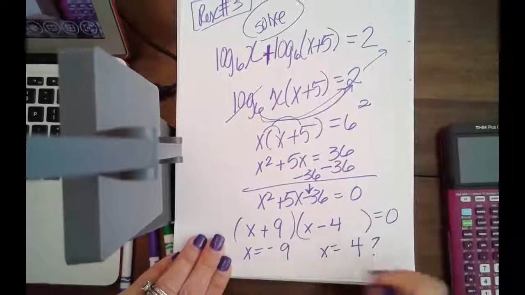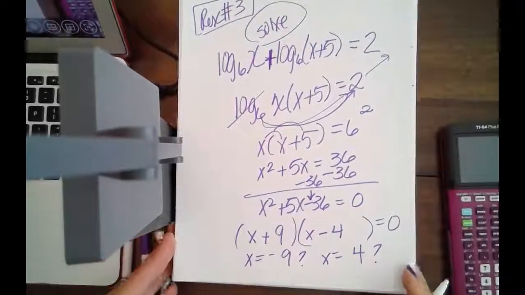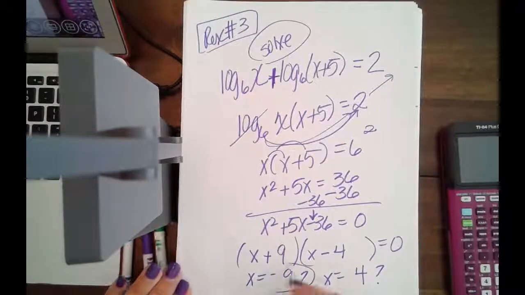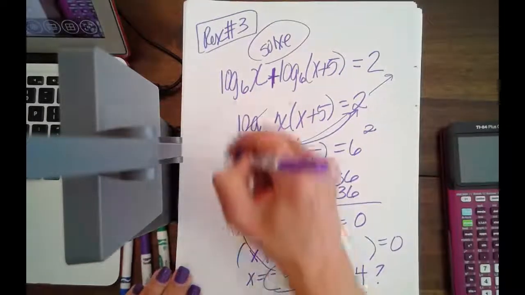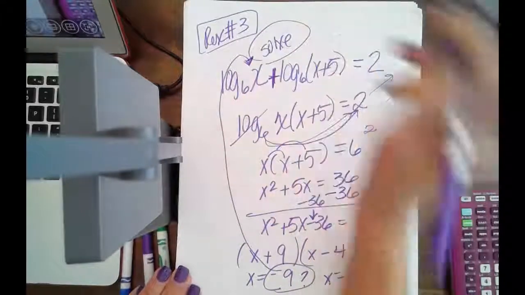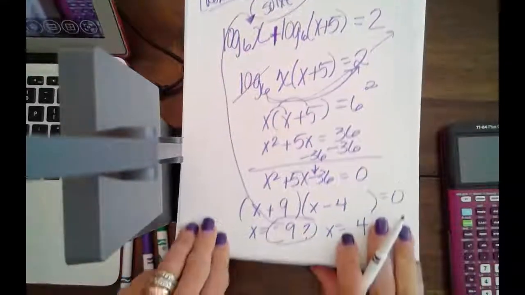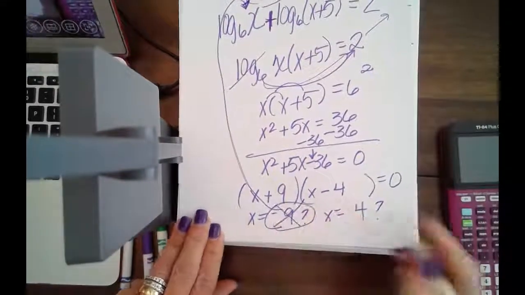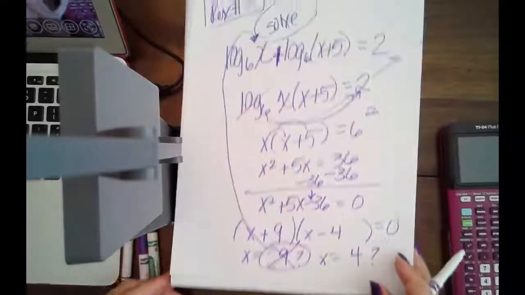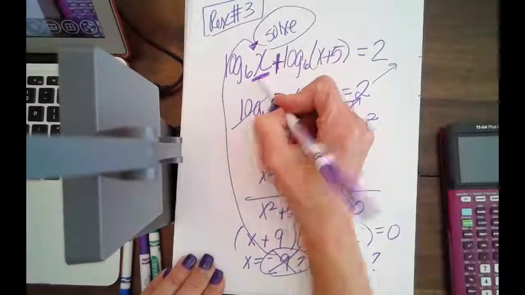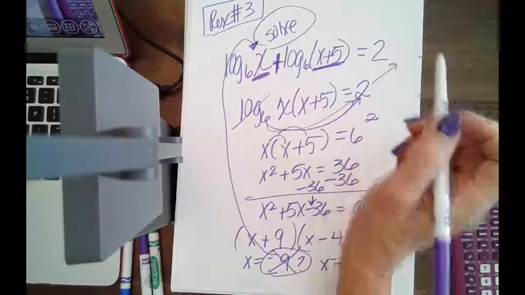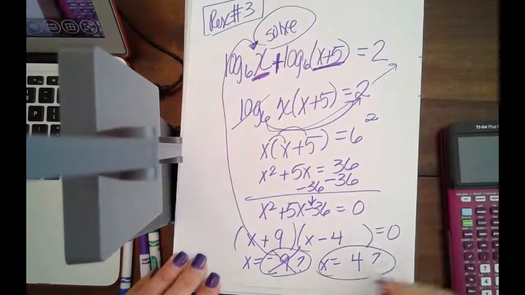I put a question mark so we can check them. If you go back up and test negative 9, you're going to see immediately, if you put it into that very first expression in place of that argument, it's a negative. So that's a no-go. 4 is going to be completely legit. We put 4 in here, it's a positive argument. You put 4 in here, it's 4 plus 5, which is 9. So 4 is a winner.